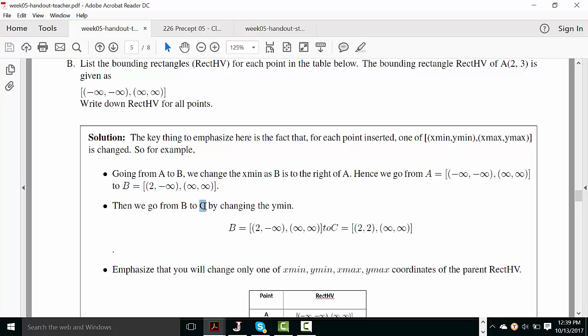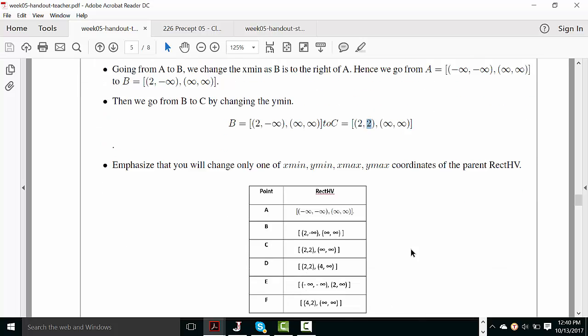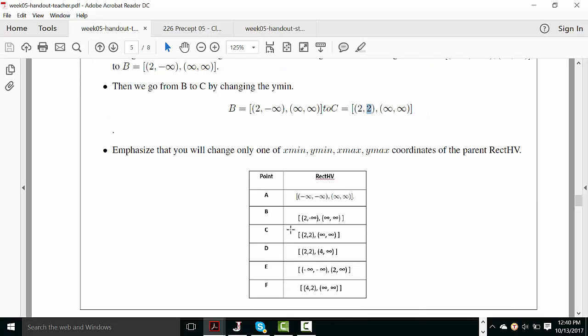So to go to the right, because we had the even levels, because we compare the y coordinate, we are changing the y min to the y coordinate of B, which is 2. So note that from the parent, which is B, we only change one thing to go to the other side. So by thinking through that, you can see how the answer gets developed.